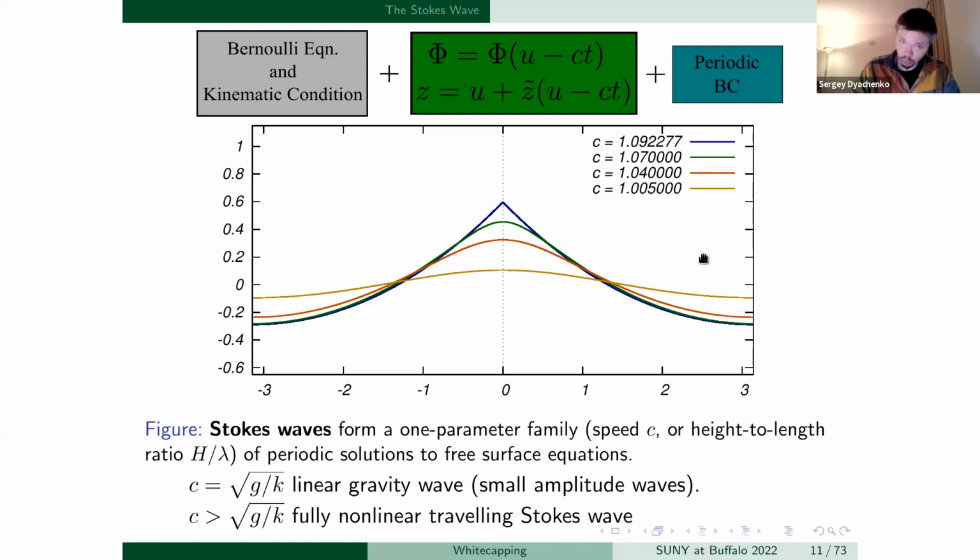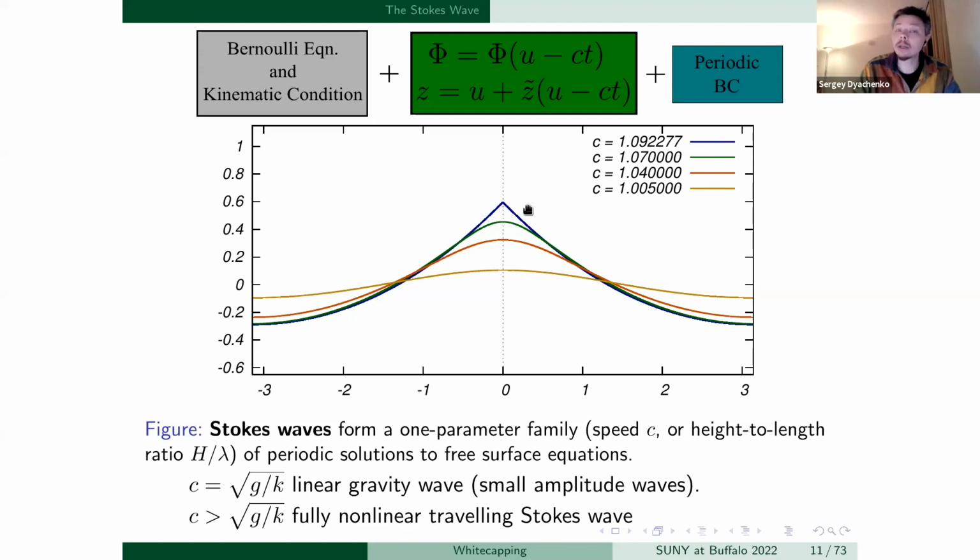But if you try to push and increase the speed of the wave to be larger and larger, as for the red and the green curve, then you see the wave becomes more and more nonlinear. In fact, if you push higher and higher, you will get to this blue line, which has an almost angle-shaped crest, almost 120 degrees here.